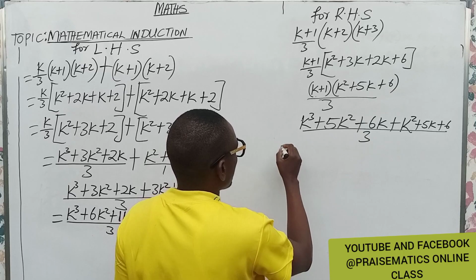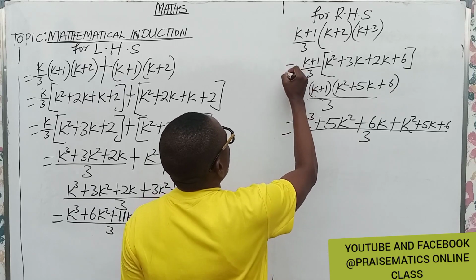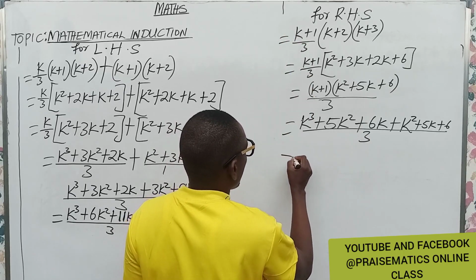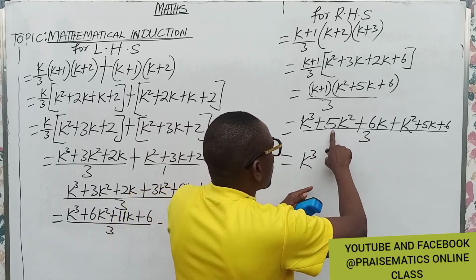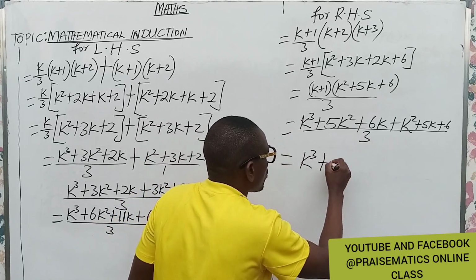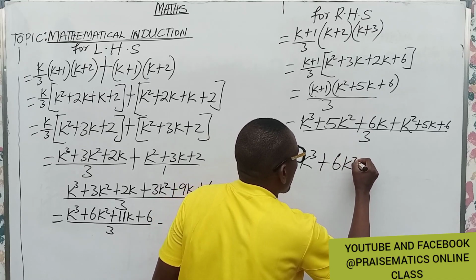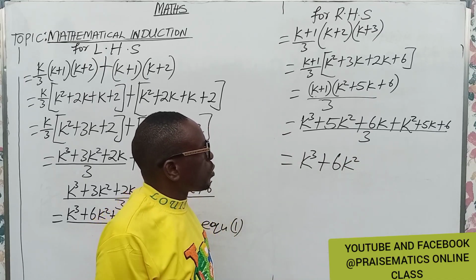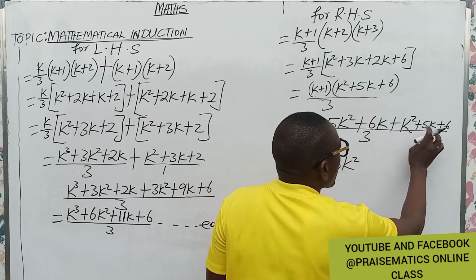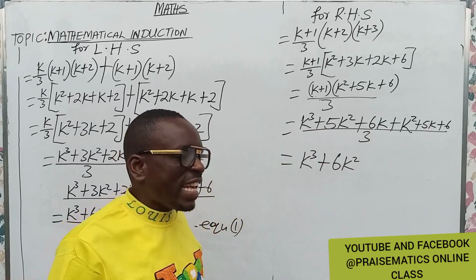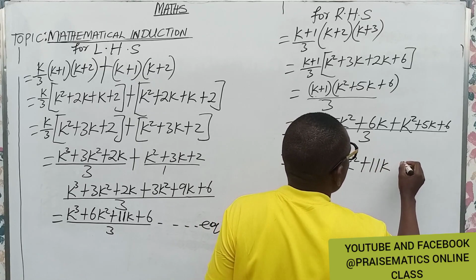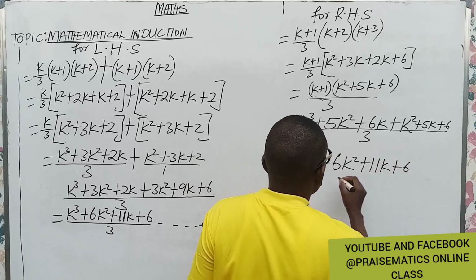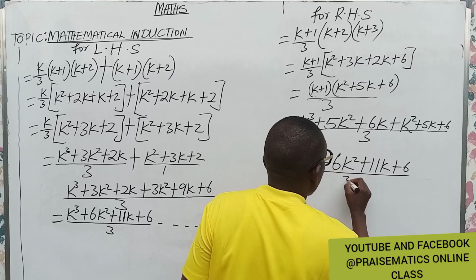Collection of like terms based on their powers. k power 3. 5k square plus k square will give us 6k square. 6k plus 5k will give us 11k, plus 6, all over 3.